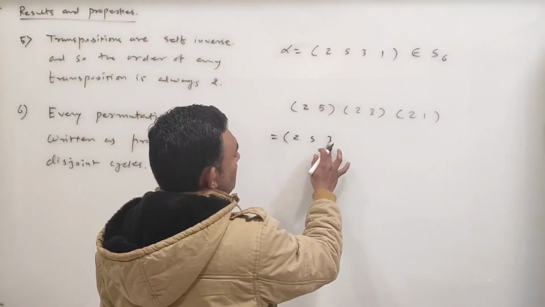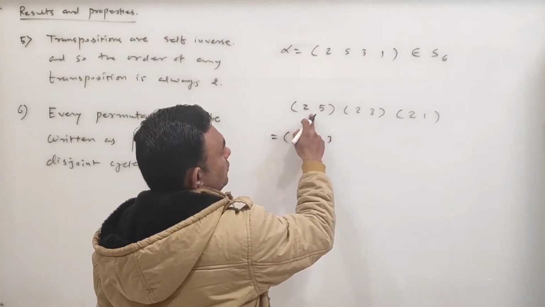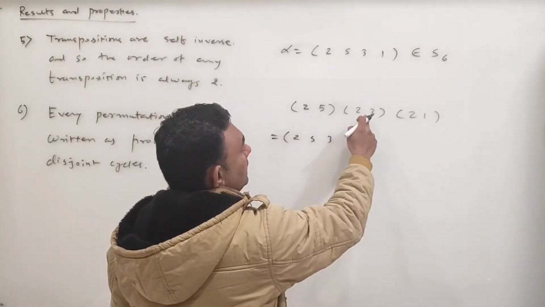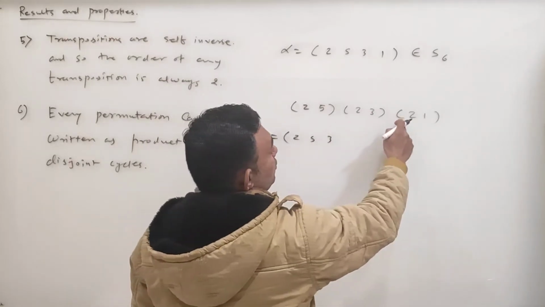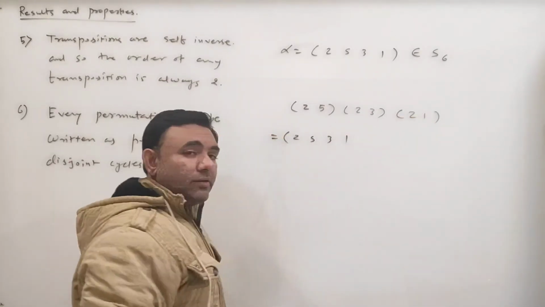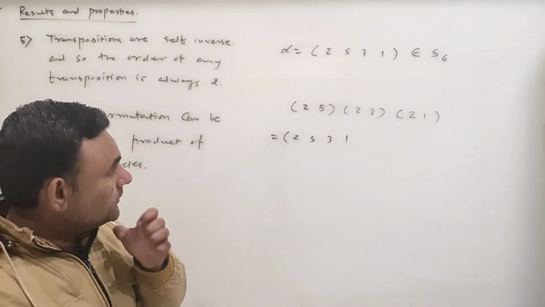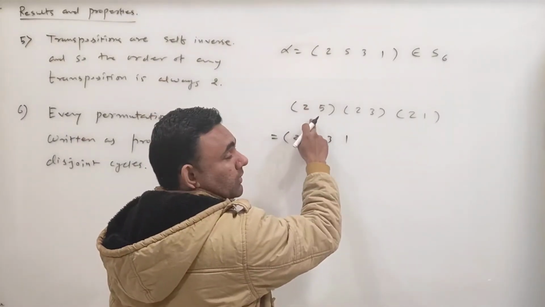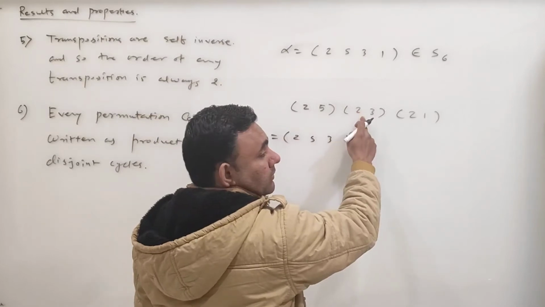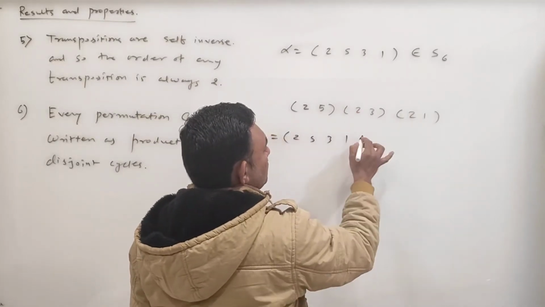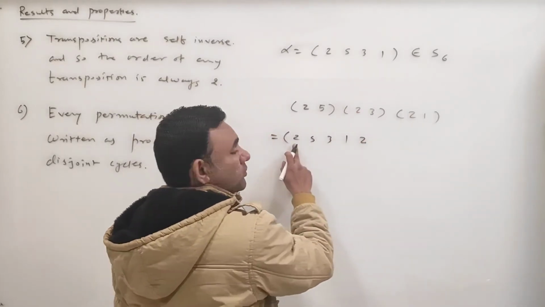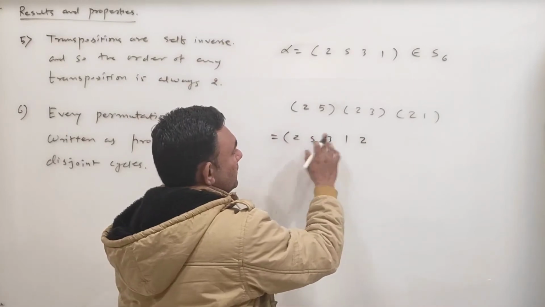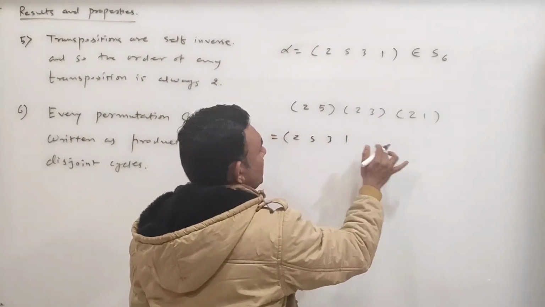Now the image of 3: 3 goes to 3, 3 goes to 2, and here 2 goes to 1, so 1. Now the image of 1: 1 goes to 1, 1 goes to 1, and here 1 goes to 2, so 2. But 2 is the starting point, so we will not write 2.